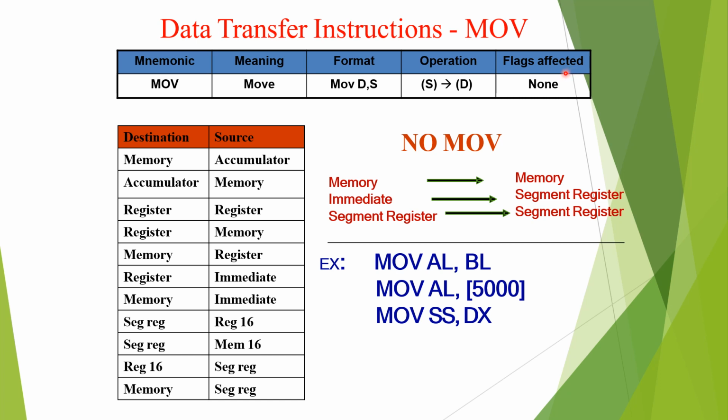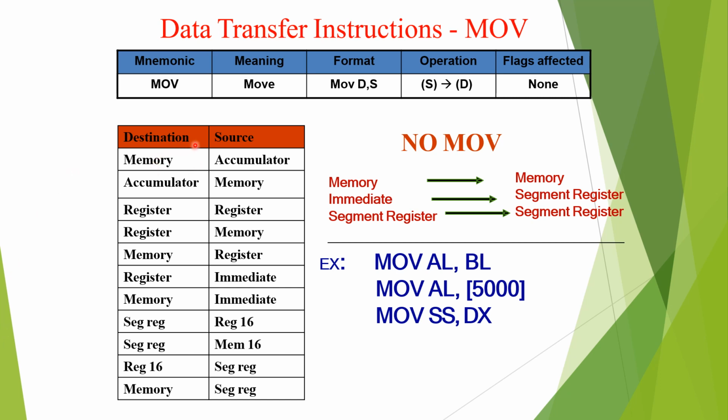We are simply doing a content transfer operation, that is, copying content from one register to another register, or from a memory location to a register, or to any of the segment registers, such as data, code or extra segment. There are four segments available, so you can put data in any segment register also.